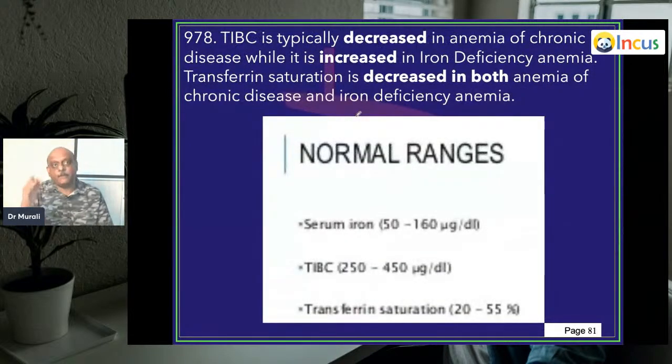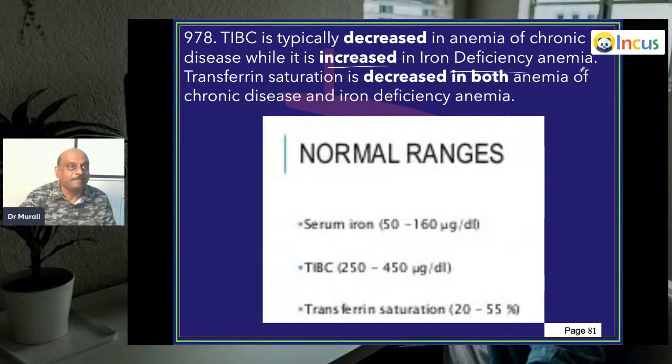So TIBC is typically decreased in anemia of chronic disease, typically increased in iron deficiency, whereas transferrin saturation is decreased in both. Transferrin saturation, percentage saturation, is decreased in both anemia of chronic disease and also iron deficiency. So please don't forget: 50 to 160 microgram per deciliter is serum iron, 250 to 450 microgram per deciliter is TIBC, and 20 to 55% is transferrin saturation, is what you have to ultimately remember.